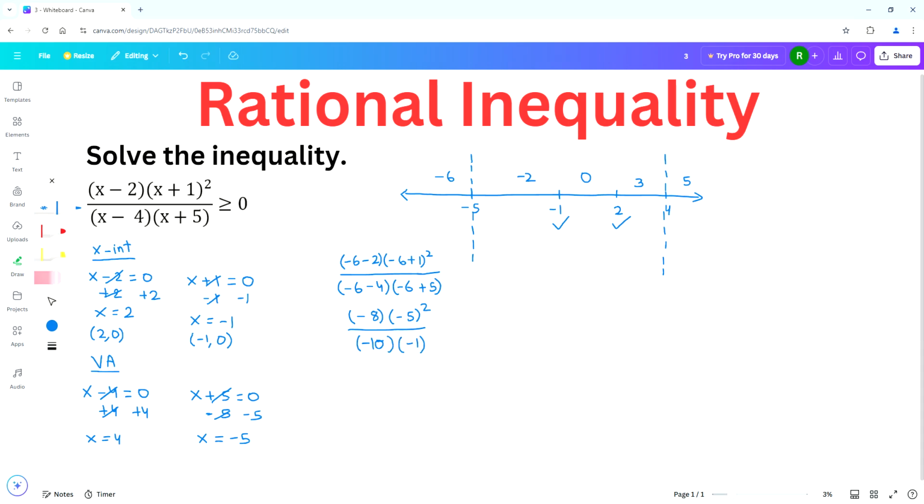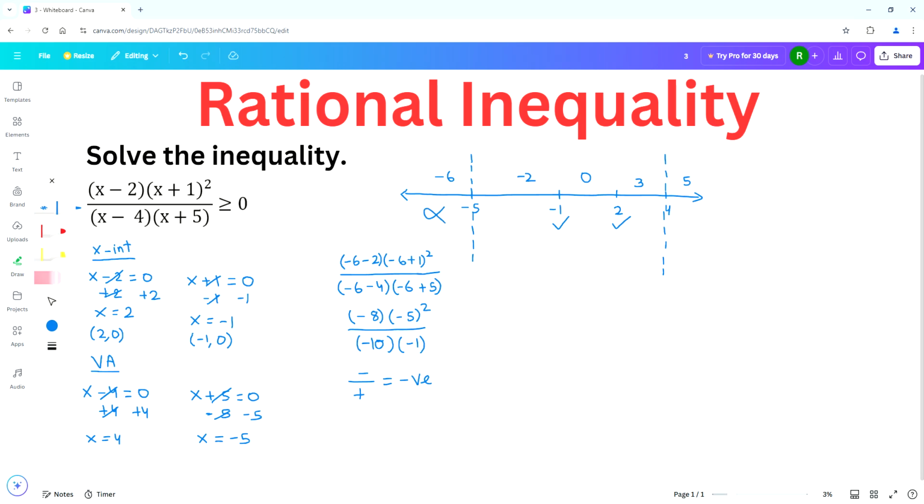In the numerator, negative 5 square is equivalent to a positive value. Negative 8 times a positive value will give us a negative result. And in the denominator, negative 10 times negative 1 will give us a positive value. So the overall value will be negative. That means on the left side of negative 5, the inequality does not hold true because the rational expression has a negative value.